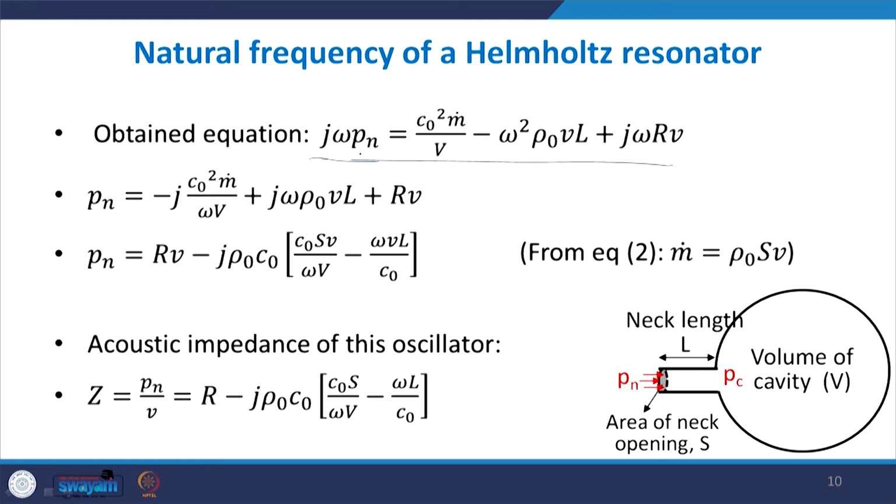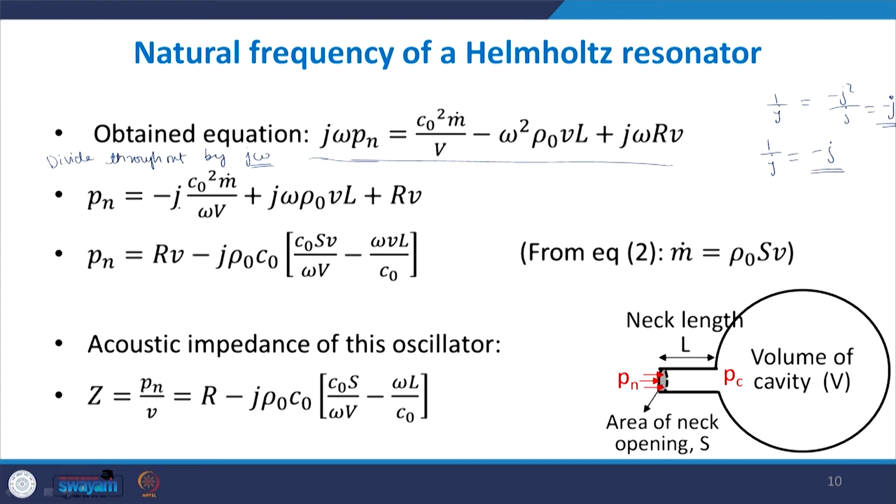Now, to get Pn, we divide throughout by j omega. When we divide throughout by j omega, then we get Pn. So, 1 upon j is equal to minus j square by j, which is equal to minus of j. So, 1 upon j is minus of j, and we use that value.